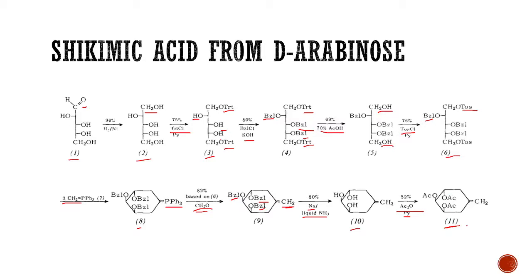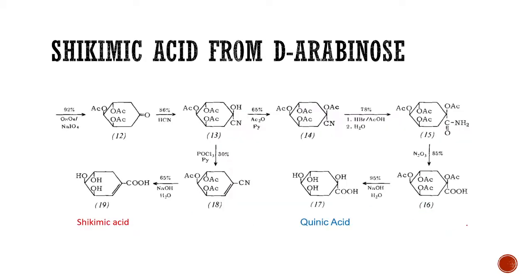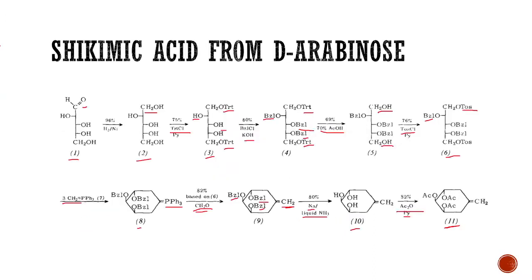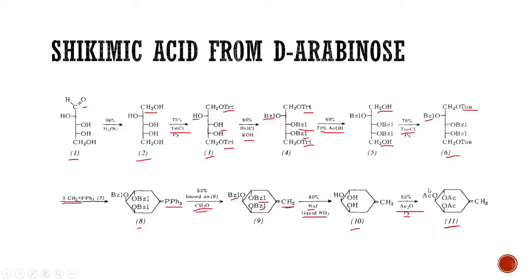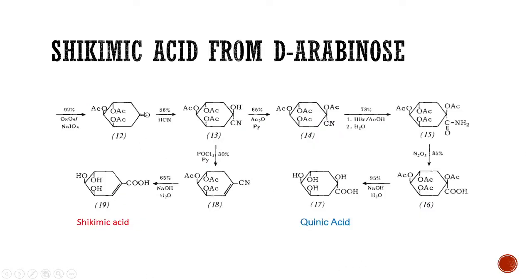Now the next reaction on compound 11 is the reaction with OsO4, osmium tetroxide, and sodium periodate. This reaction will convert this carbon-carbon double bond into a carbonyl group.